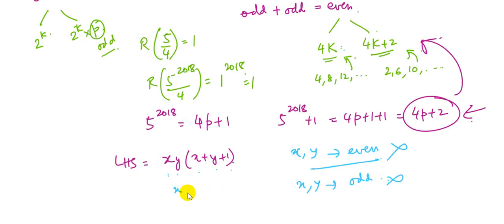So my third option is x is odd, y is even, or the other way around, doesn't matter. In that case xy will be even, and this would be even plus odd, that will be even. So even into even will become 4k. So this is also not possible. So there is no value of x and y that will satisfy this equation.